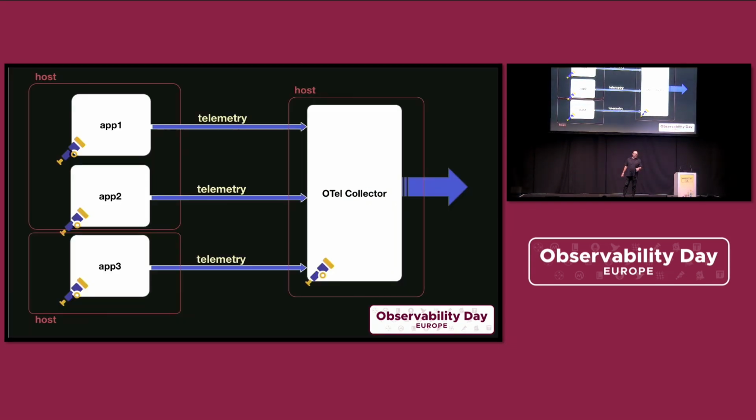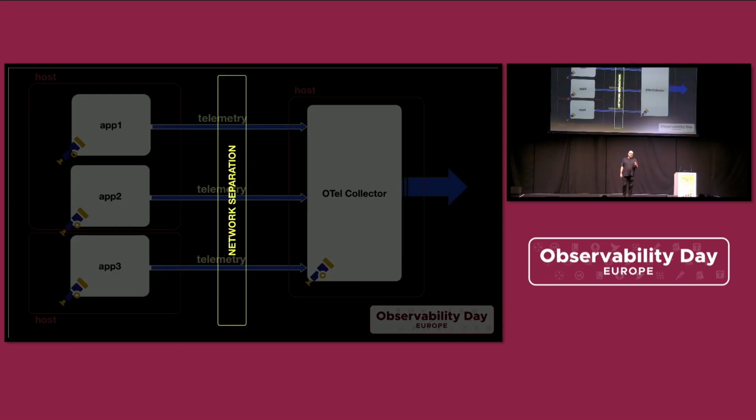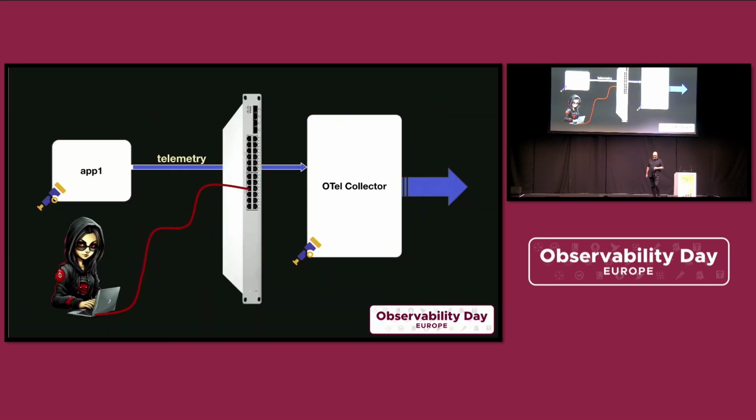But often you might have a topology in which the collector sits separate from your applications running on other hosts. In that scenario, there is a bit of network separation between them, and anytime you have network separation, that brings up some specific challenges.